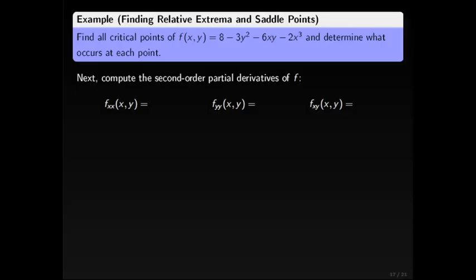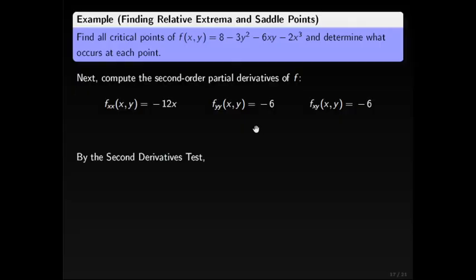Next, we apply the second derivatives test to determine the nature of the obtained critical points. So we compute the following second order partials of f. We can verify that fxx at any point x, y is negative 12x, fyy at any point x, y is negative 6, and fxy at any point x, y is also negative 6.